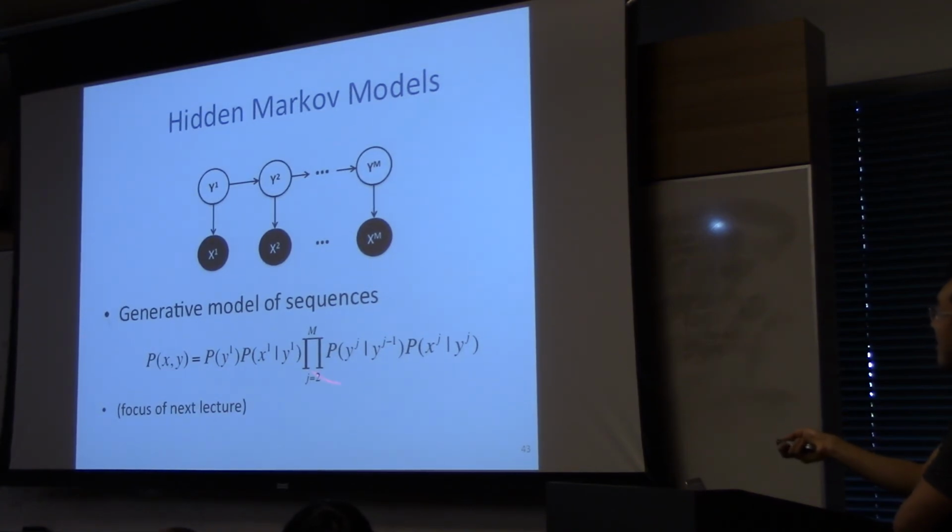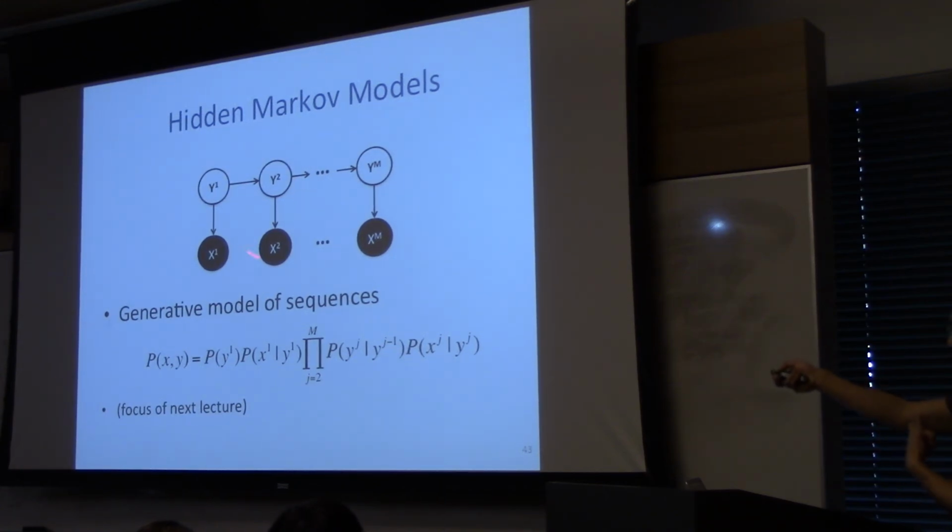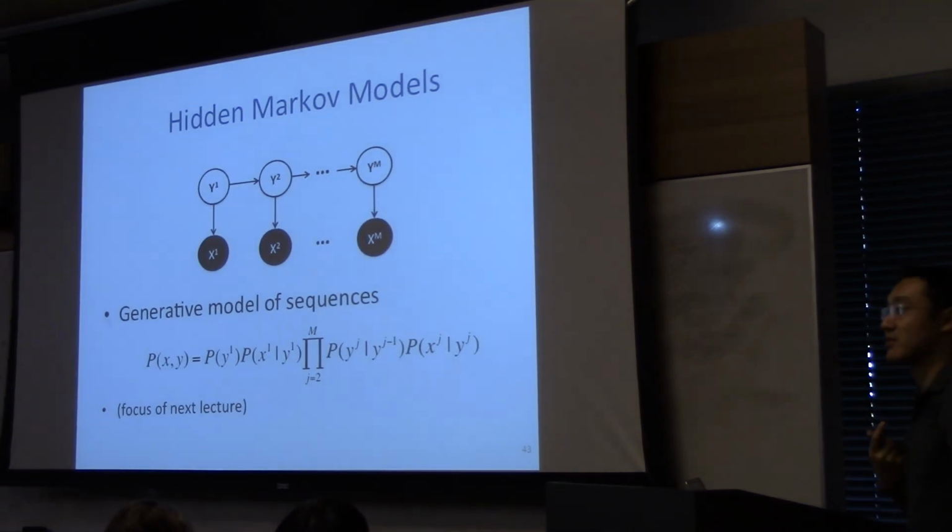So this product encapsulates this part, where yj depends on yj minus 1, and then xj depends on yj. Why is this representation compact? Well, because this table is replicated for every time step in this sequence. It's the exact same probability table, just replicated. So that's why it's compact. And again, I'll get into more details in the next lecture.